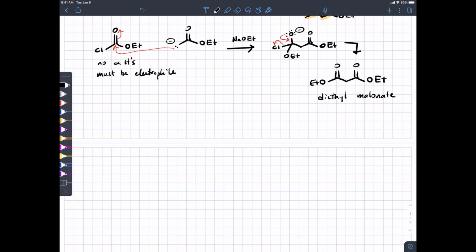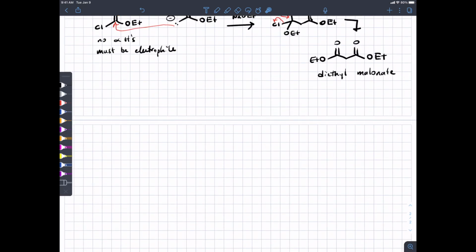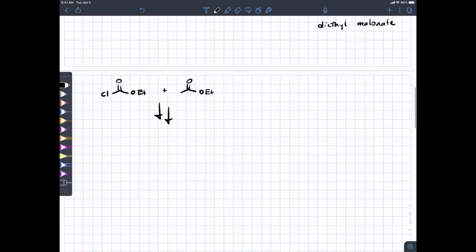And recall, this is a convenient way to generate alpha alkylated carboxylic acids. So it would be useful for you to take these two starting materials and figure out how to get to the following carboxylic acid.